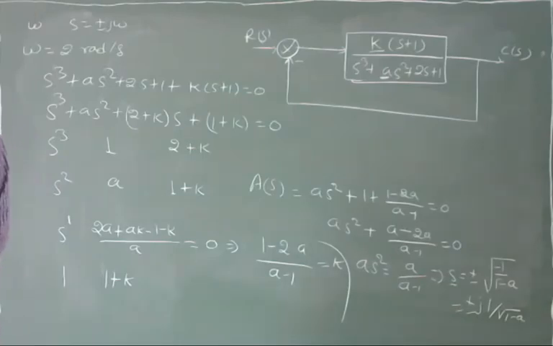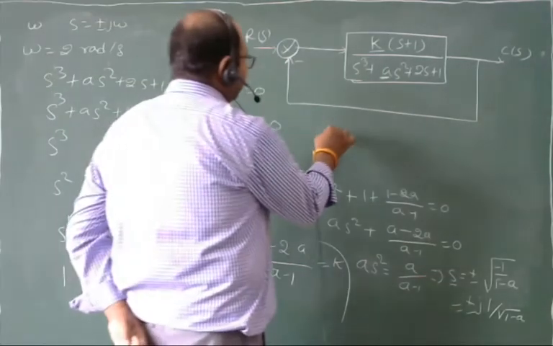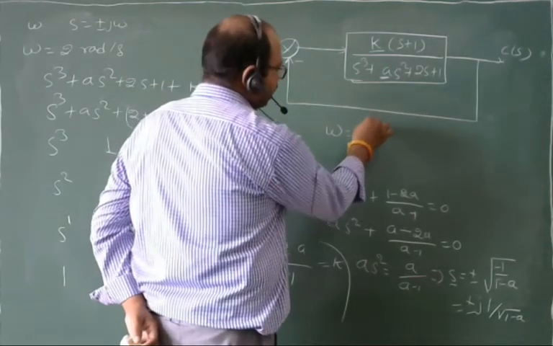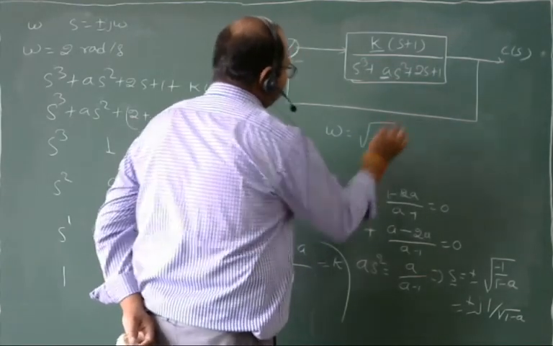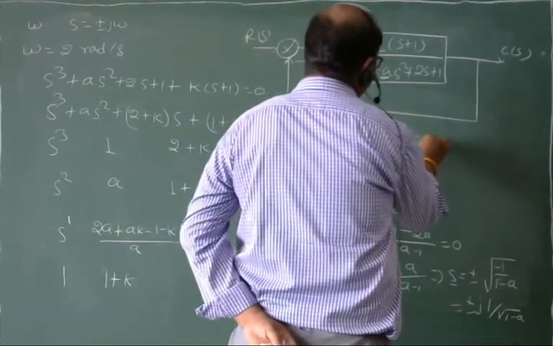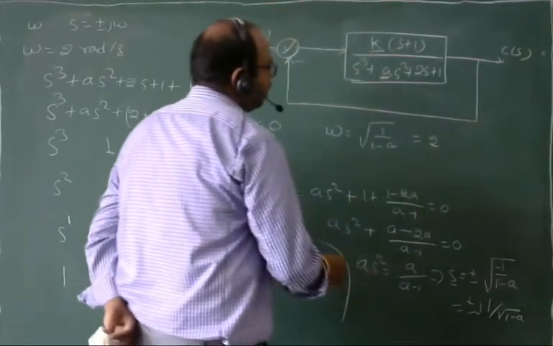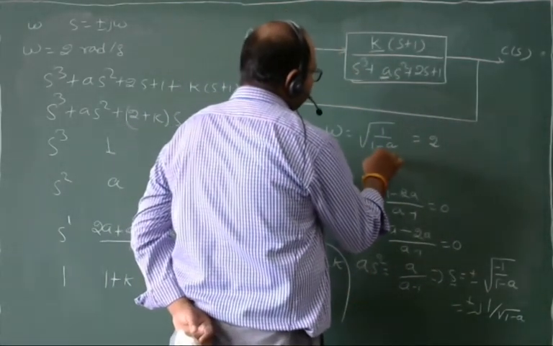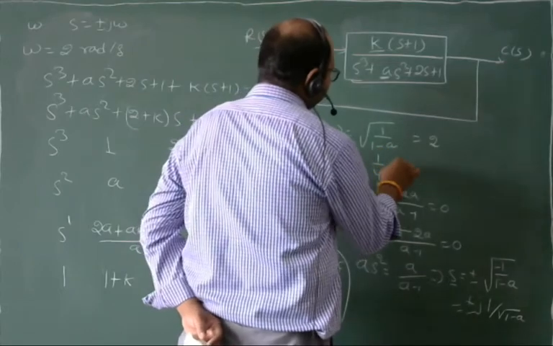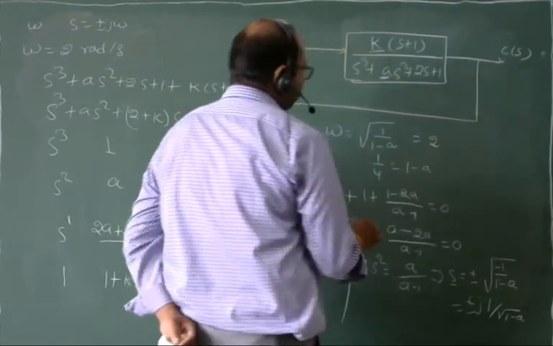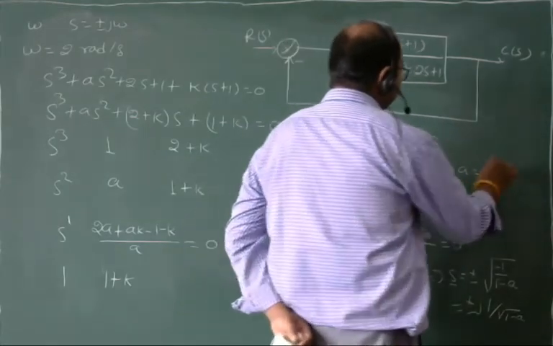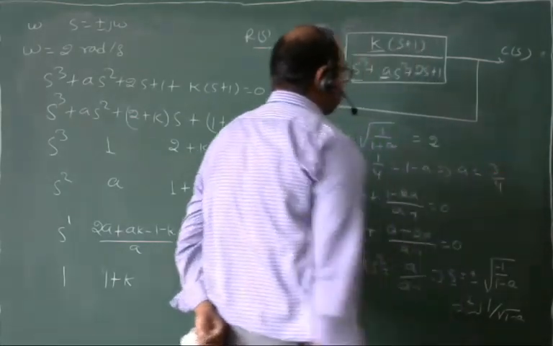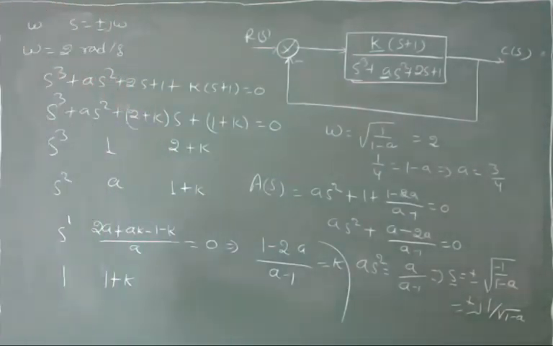So what is the value of omega? The value of omega is under root 1 by 1 minus a, which is equal to 2 radians per second, and from here 1 by 4 is equal to 1 minus a, or a is equal to 3 by 4.